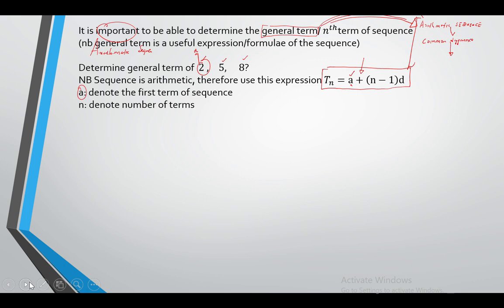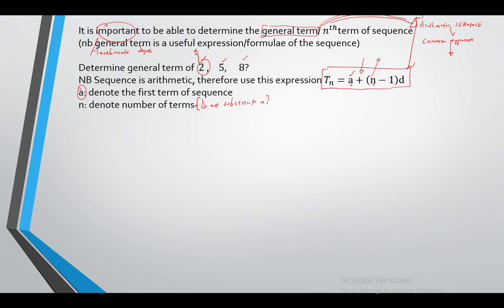n denotes the number of terms. And let me say this now: when you are looking for a general term, do not substitute n. Just leave n the way it is. Don't say n is 18, don't say n is 19.